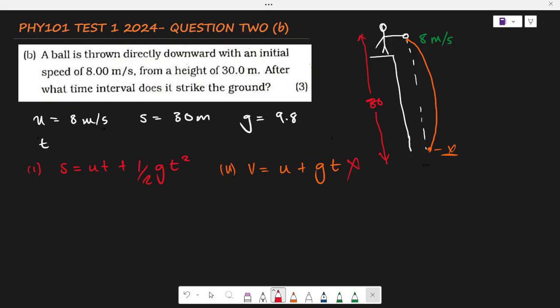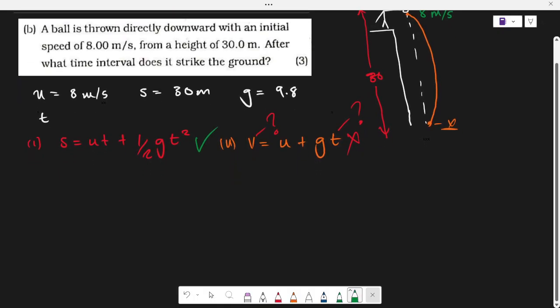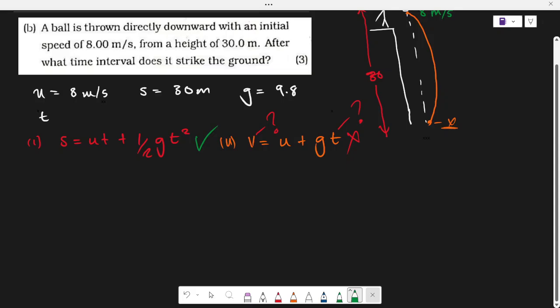We have two unknowns in this formula: this one is unknown, and this one is also unknown. Hence, we cannot use it. But our first formula is going to work because it only has one unknown, and this unknown value is t, what we're looking for.